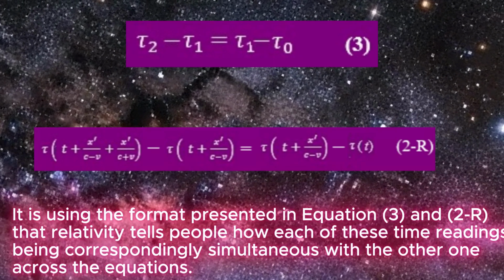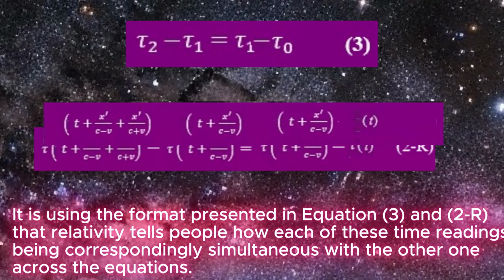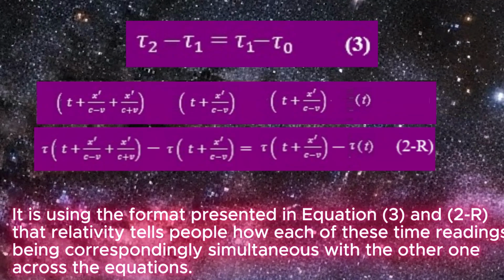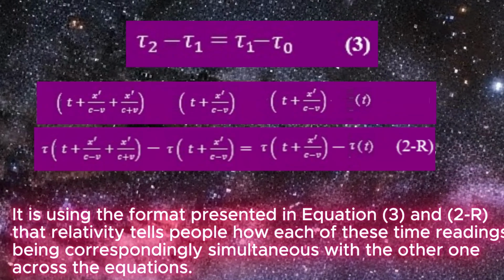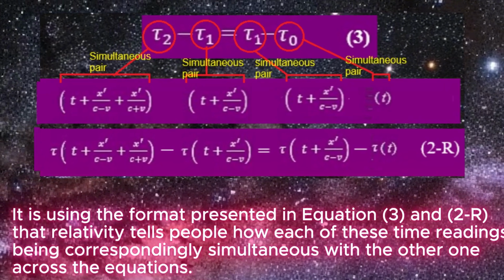It is using the format presented in equation 3 and 2-r that relativity tells people how each of these time readings is correspondingly simultaneous with the other one across the equations.